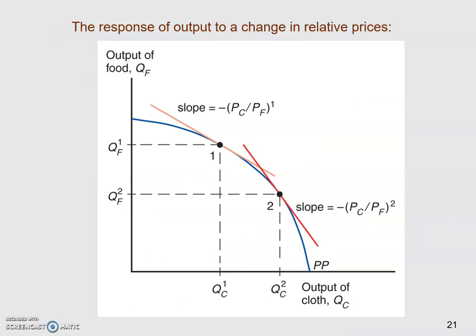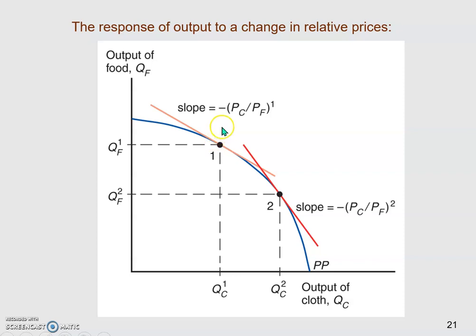All right, now let's talk about this. We're going to look at the influence upon output. So of course we should look at the PPF, because the PPF shows the combination of output between the two products, right? So here what we're saying is at the beginning, the economy produces at point 1, so QF1 is the amount of food, and QC1 is the amount of cloth. This combination offers the optimal allocation of labor between the two sectors.